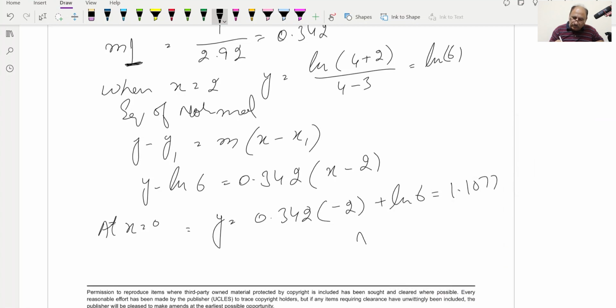So we can write approximately up to 3 digits, 1.11, and this will be the value which is required.